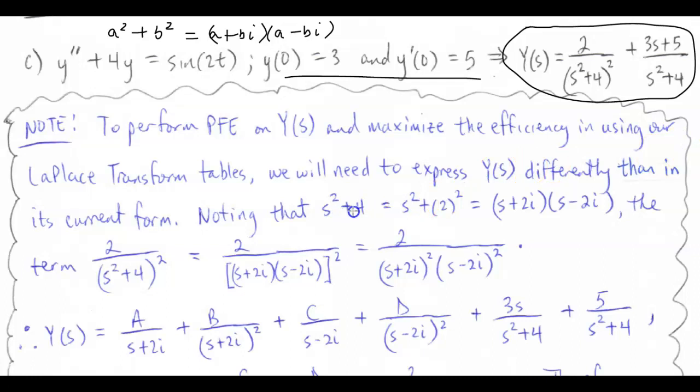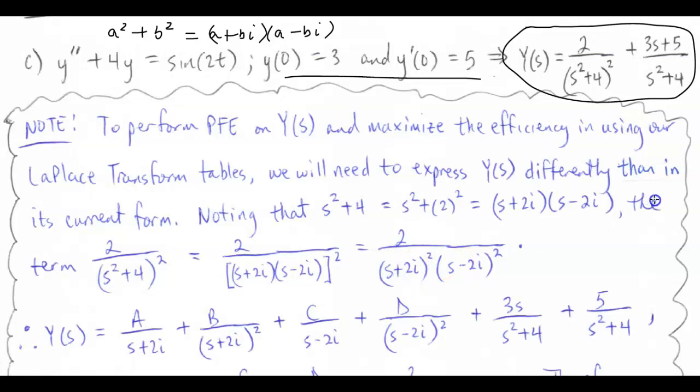Well, we can do the same thing here and rewrite this as s plus 2i times s minus 2i. And of course, this 2 divided by s squared plus 4 quantity squared, we could rewrite this way, which means that now we have 2 divided by s plus 2i quantity squared, and the s minus 2i quantity squared all in the denominator there.